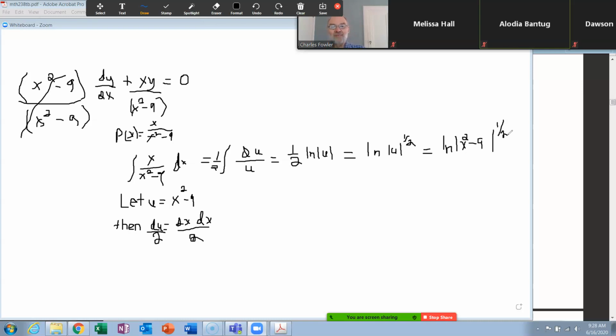Now, what do we do with this expression of the integral of p of x dx? As I said before, you e it, okay? And the e undoes the logarithm. So what we have here is your integrating factor, if you want to call it mu of x, the square root of x squared minus 9. So I'm just going to write it as x squared minus 9.